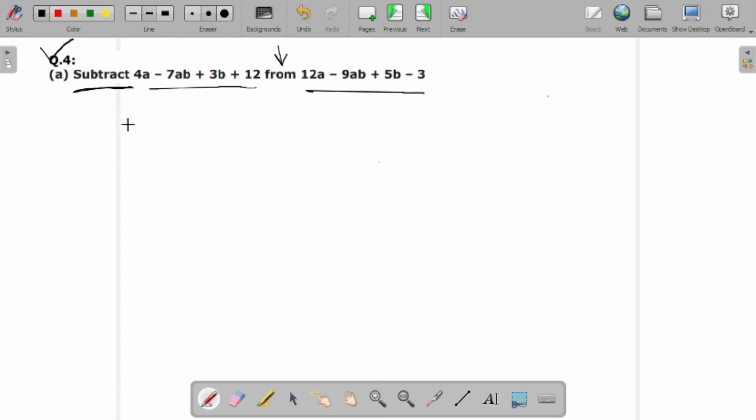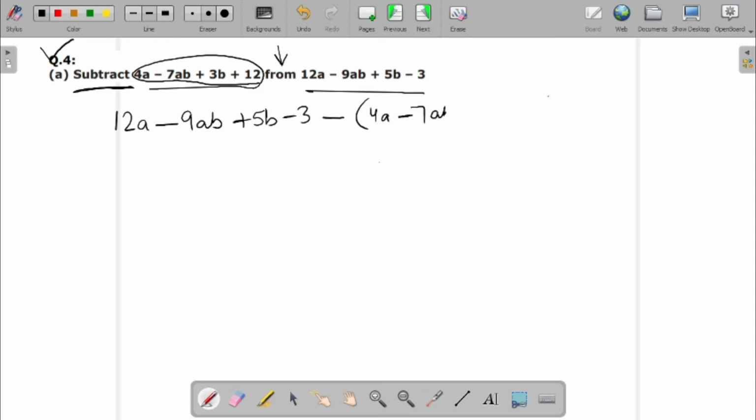So in a similar way, we can write it as 12a minus 9ab plus 5b minus 3. This is the second term. Then we write minus. Then we write this term in bracket. That is 4a minus 7ab plus 3b plus 12.